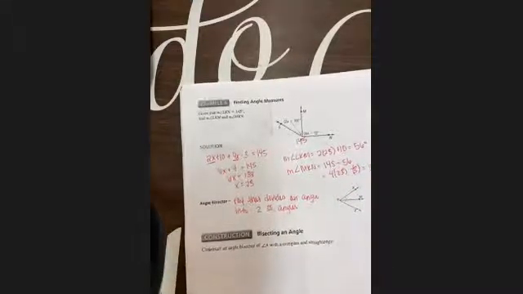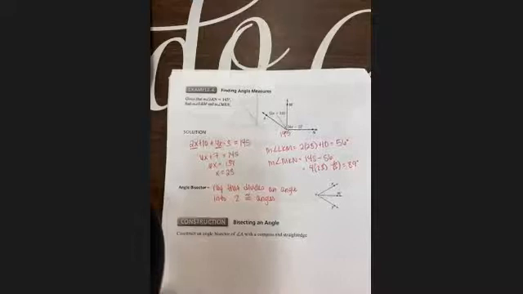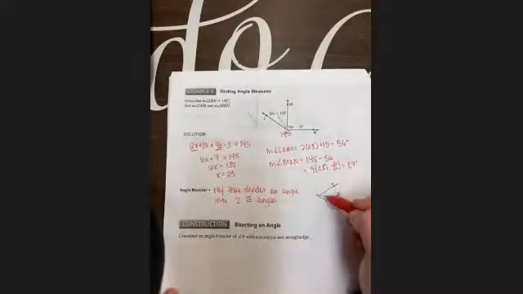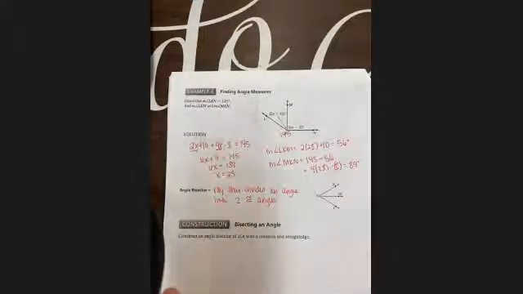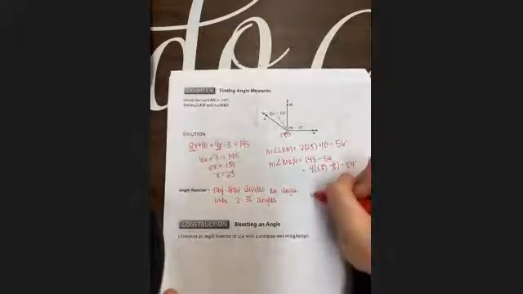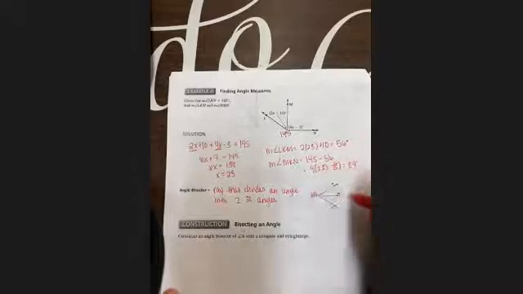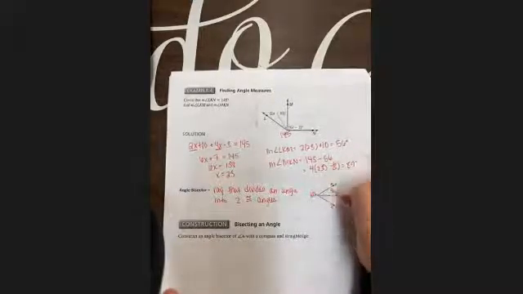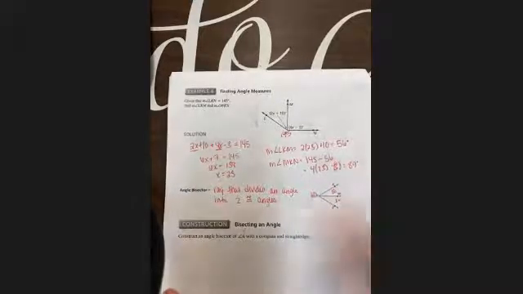So this time it's a ray that cuts an angle in half. And you can see by these little arcs that they are the same measure. So if the whole thing was 100, then I know that W is cutting it in half, so now this would be 50 and this would be 50. Obviously I know that's not actually 100, it's just the example I'm using. Okay, construction, we're going to skip, not doing it right now.